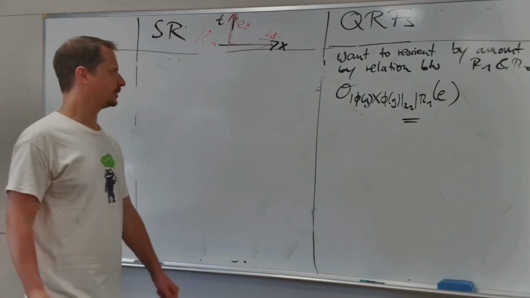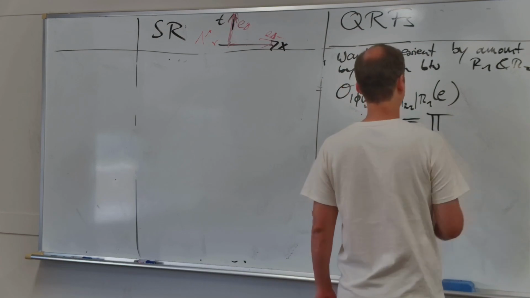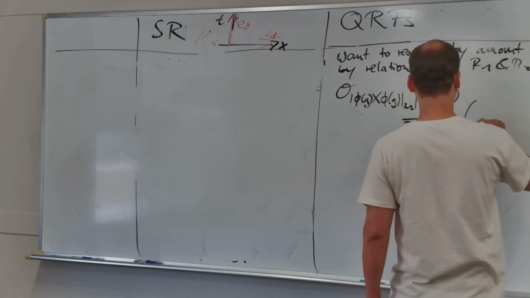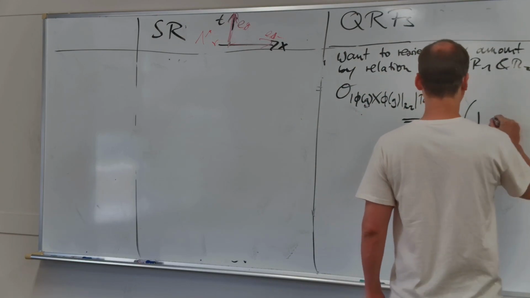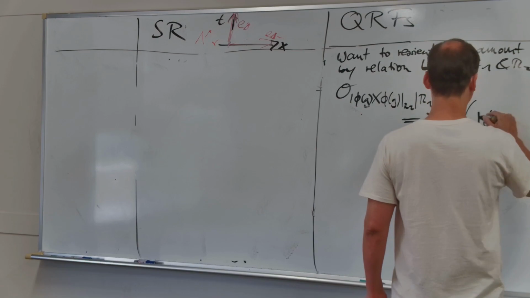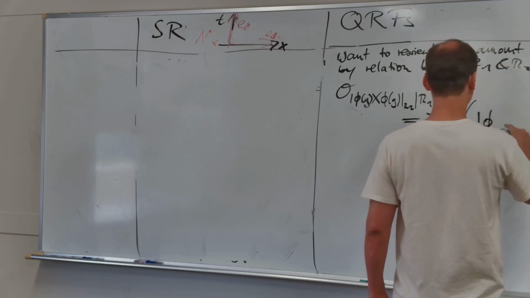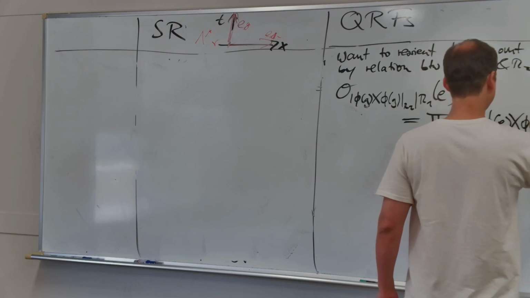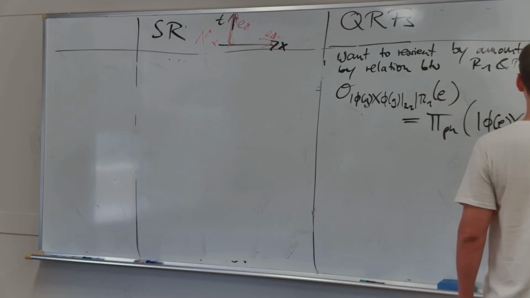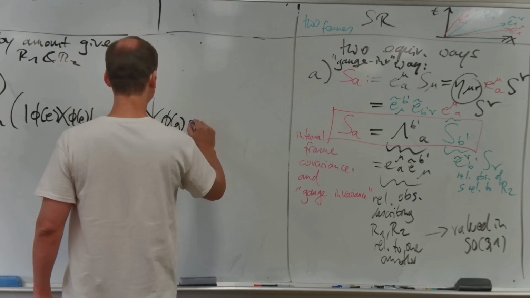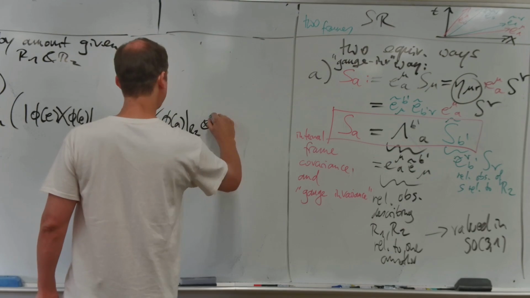And what does that give me? Well, it's just pi, pn, pi, R2, identity on S.